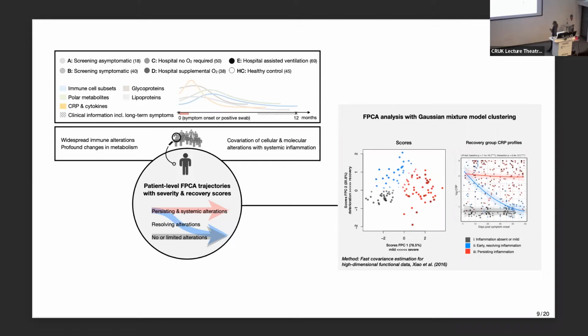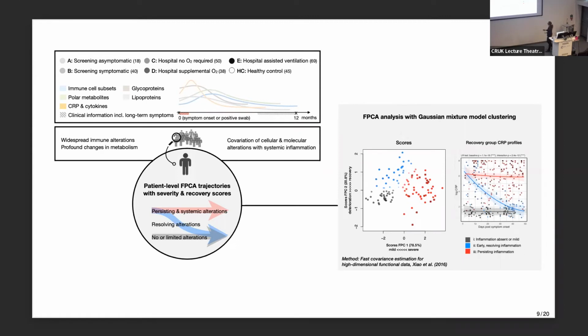Well, I said before that FPCA is a powerful dimension reduction tool, and in particular, the severity and recovery scores are a very nice summary of the CRP curves that we can then use for further analysis tasks, right? So here in particular, what we did is that we fitted a Gaussian mixture model to these scores. And so we uncovered 3 clusters of patients with distinct inflammation recovery profiles, as you can see from this longitudinal mixed model with these splines.